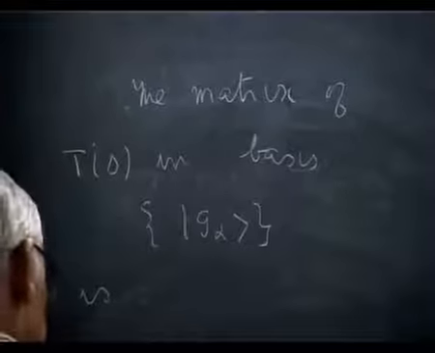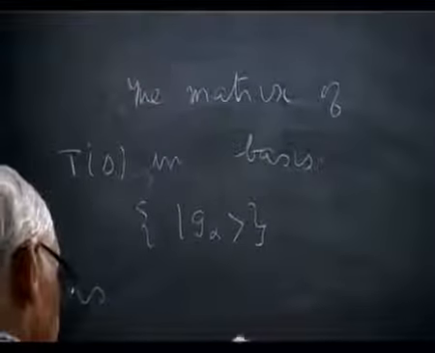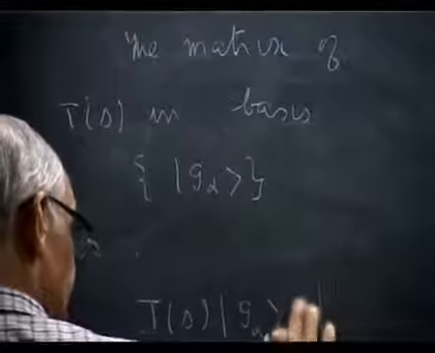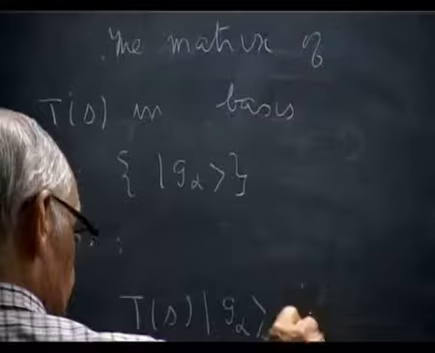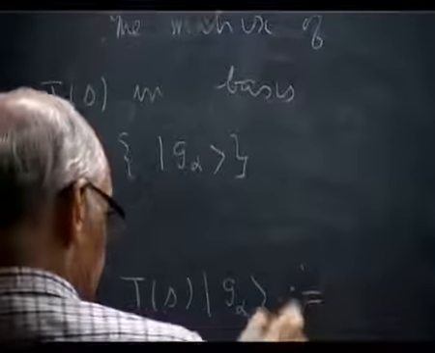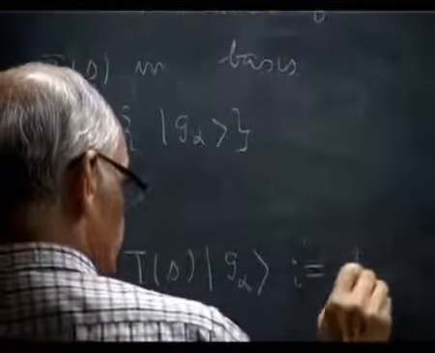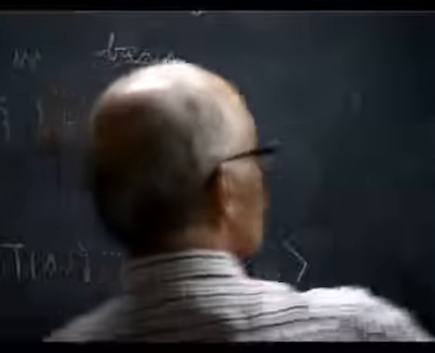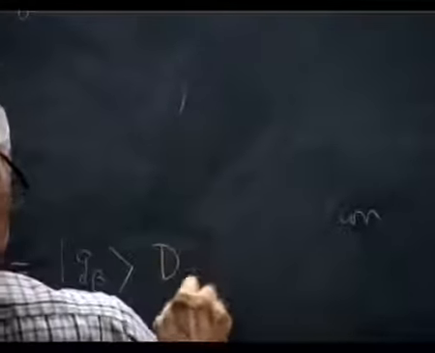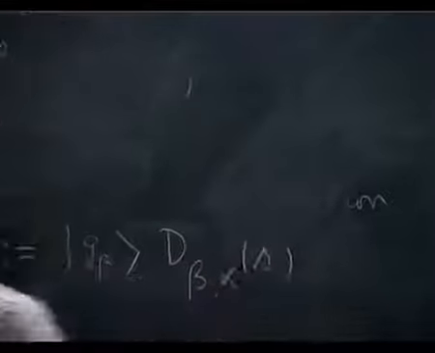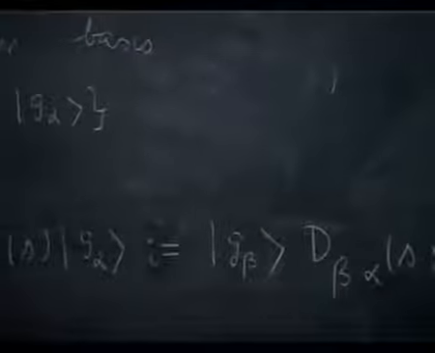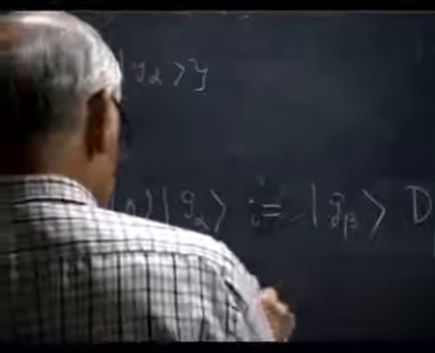Its computation is T_S |G alpha> equal to |S G alpha> by definition. The definition is the sum over G beta of |G beta> times d beta alpha of S. This is equal to |S G alpha>.